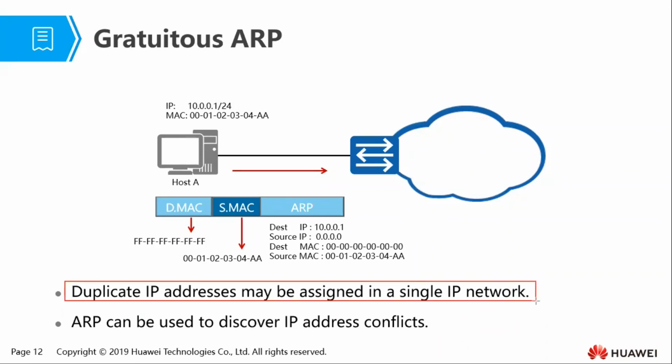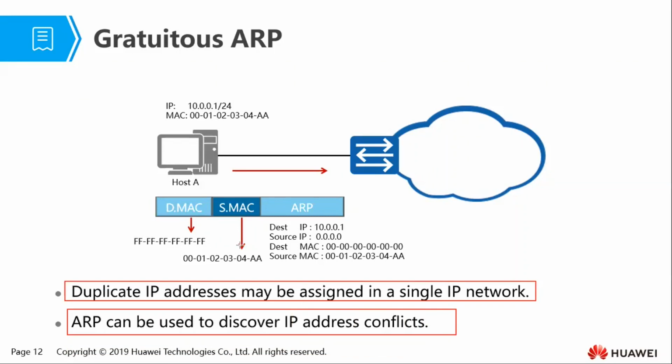Therefore, we ensure that we do not have duplicate IP addresses being assigned to any network device. So, in order to ensure that every address is unique, we normally use ARP to do that.